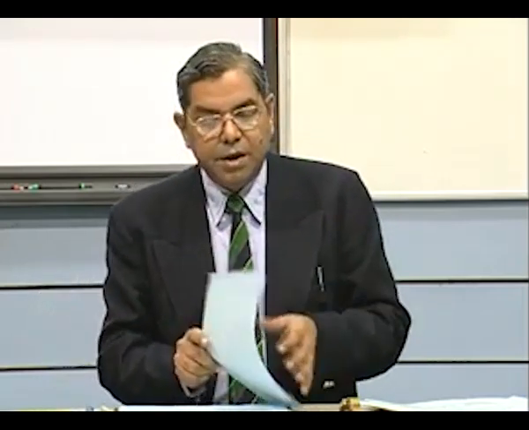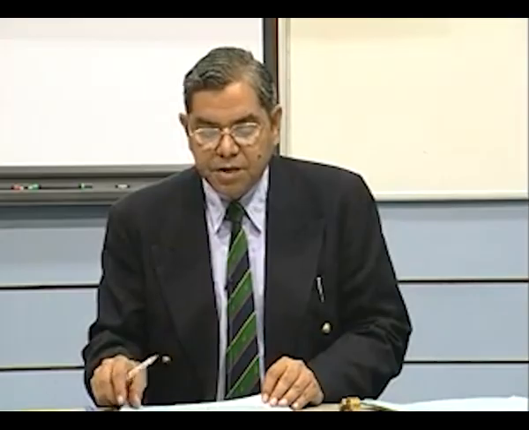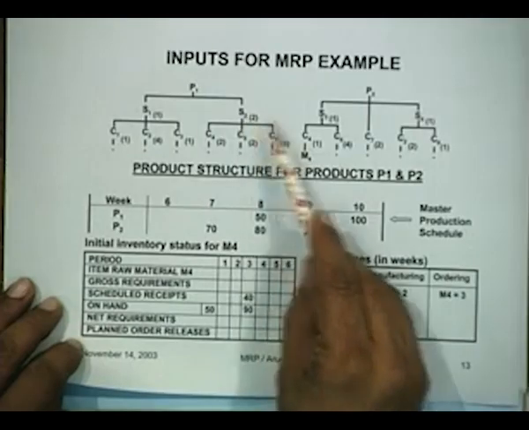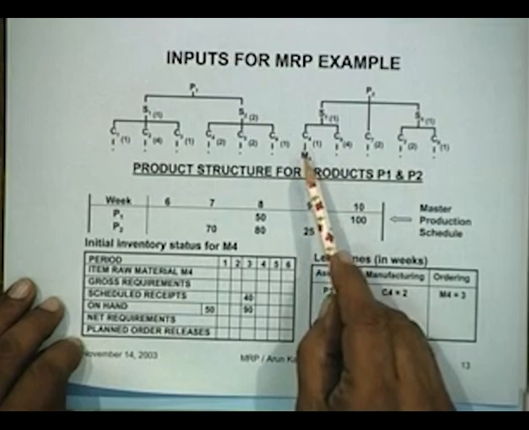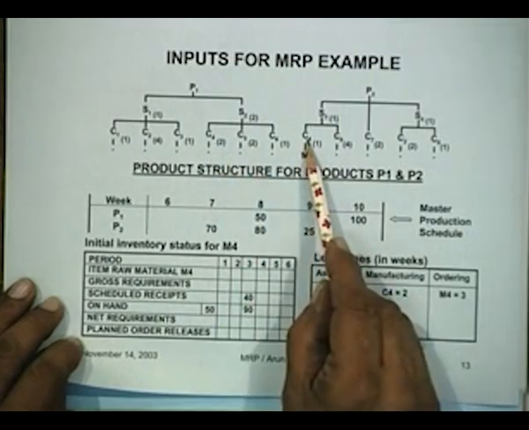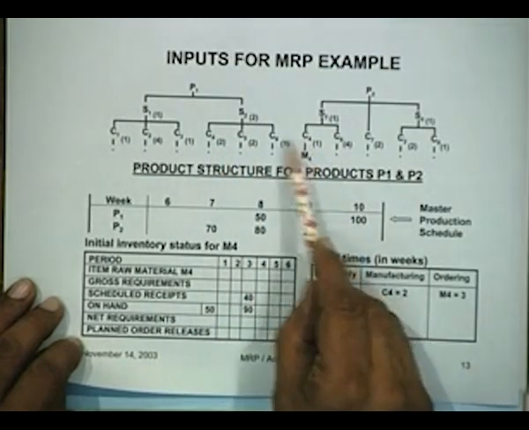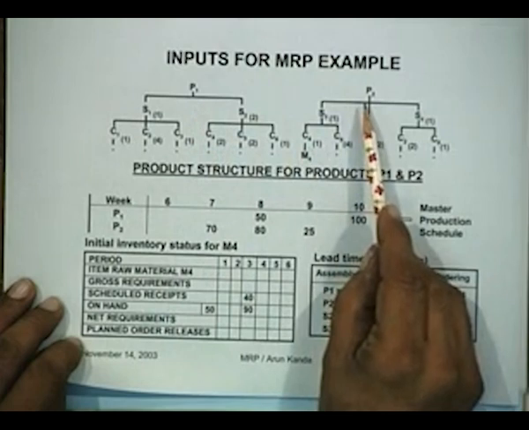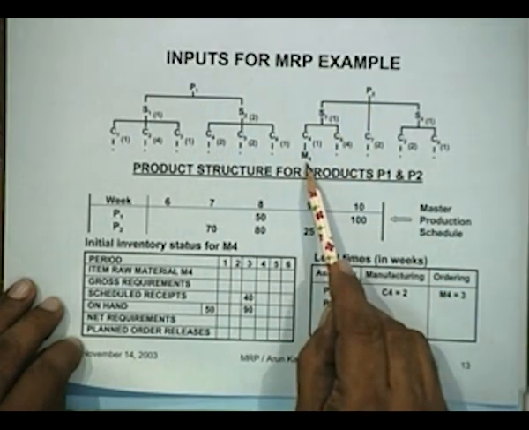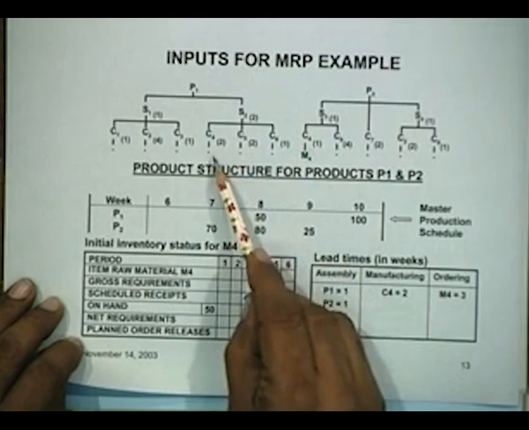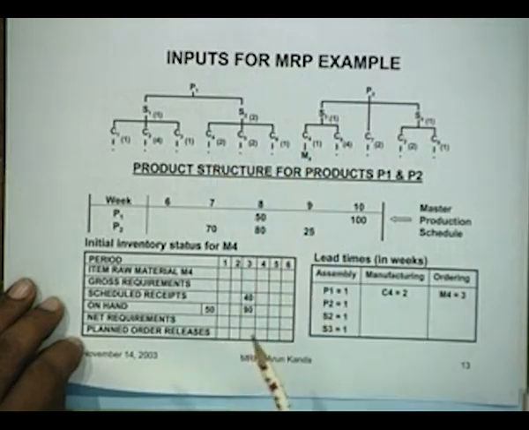Now our basic idea is that once we have determined the requirements for S2 and S3, we would like to find out the requirements for C4, which is this component which is common to two different products, and at the same time we would then want to determine the material M4 which will be occurring here as well as here. Okay.